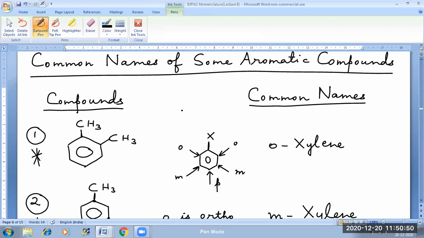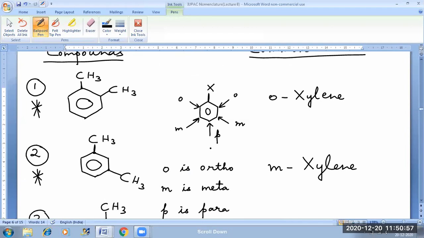What about para? Para is the diametrically opposite position. So now you can understand this. If you look at this particular structure shown, here the benzene ring has something called X. Let's say X can be anything. It could be any functional group, any halogen atom, anything.